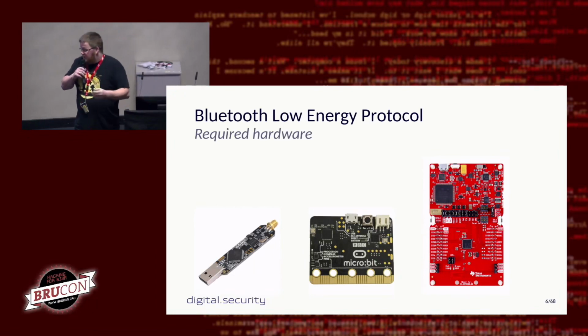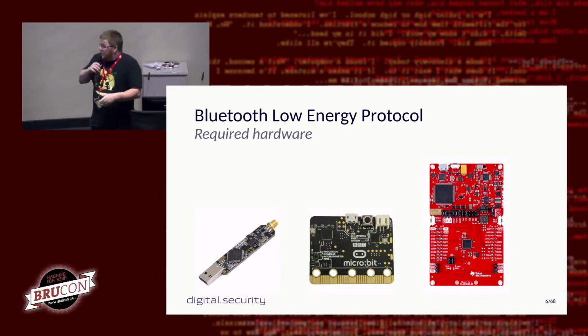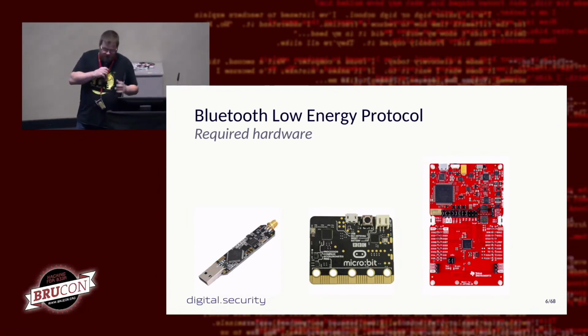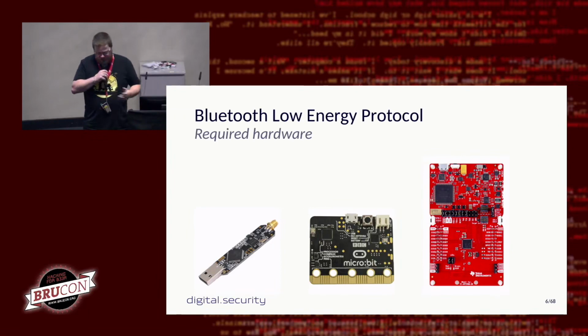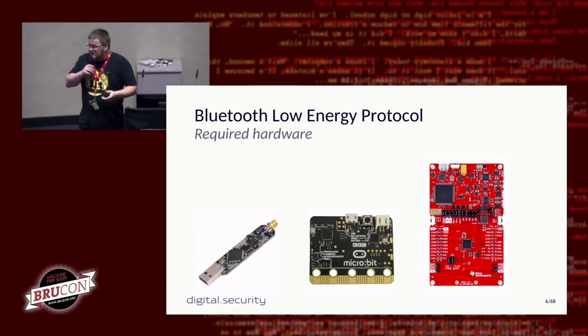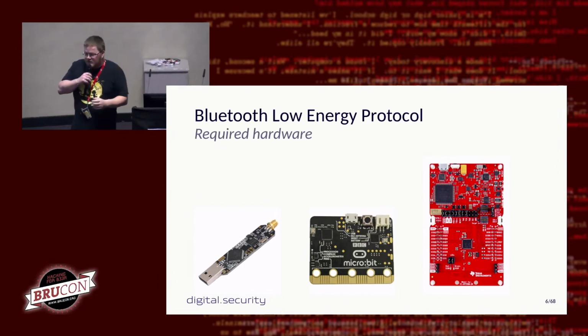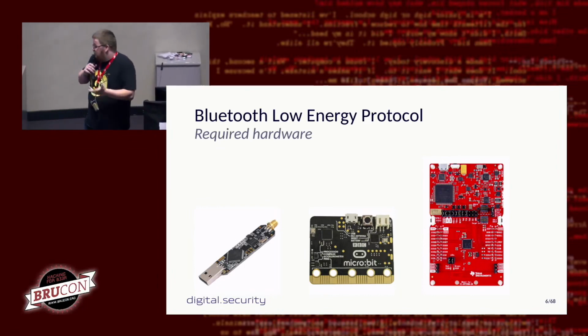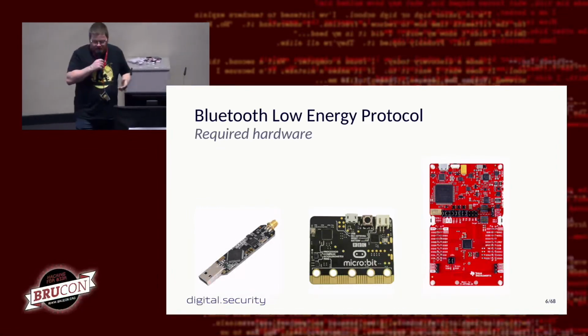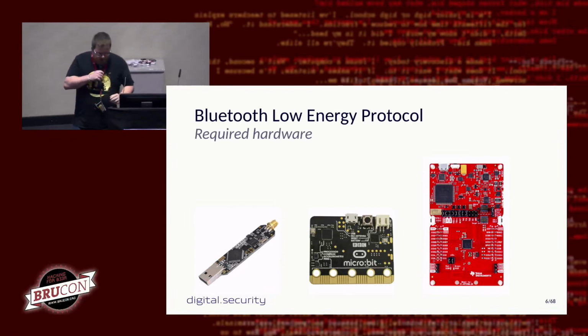So this is something you can abuse in order to capture and inject packets as well. And the last one, on your right, is the TI CC development board that is used with a sniffer to capture and sniff basically BLE5 packets and BLE4 packets as well. So if you get one of these, you can perform attacks on BLE connections.